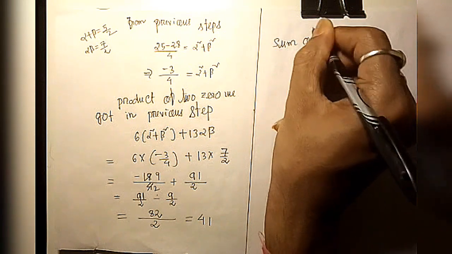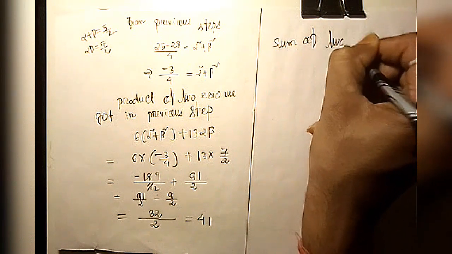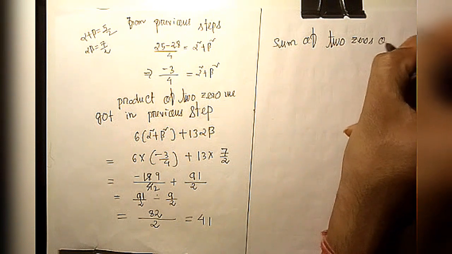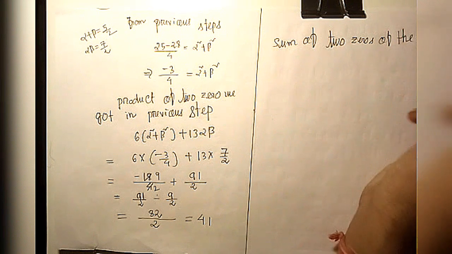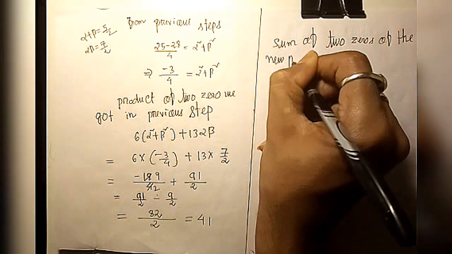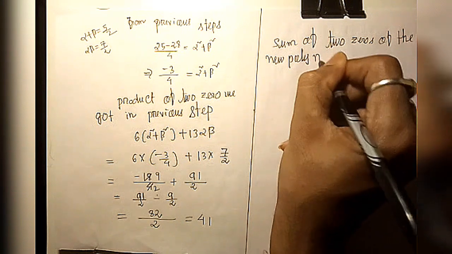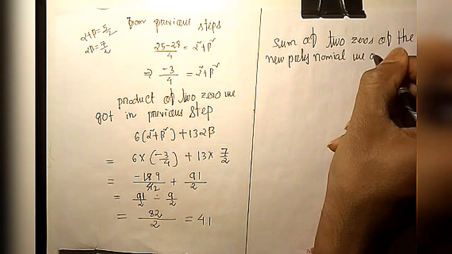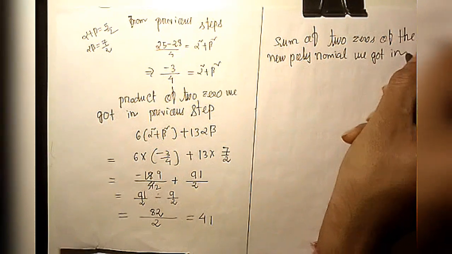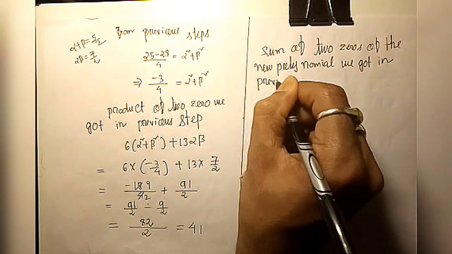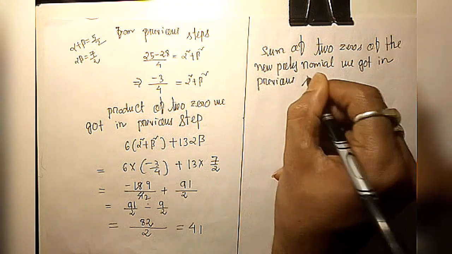So the sum of the two zeros of the new polynomial we got in the previous steps.